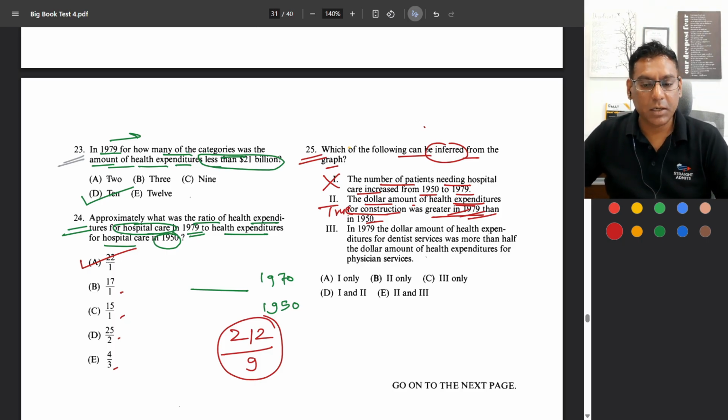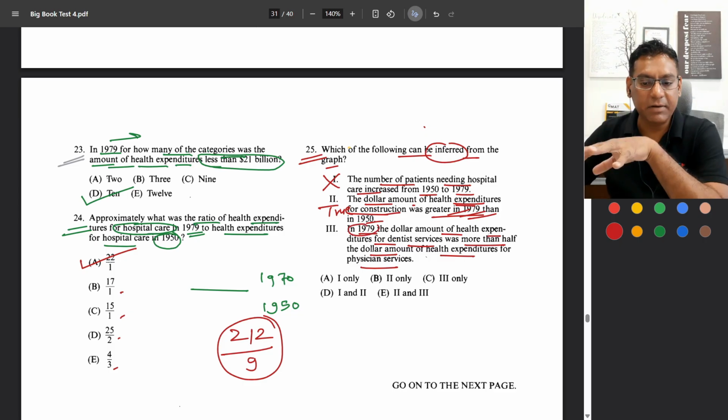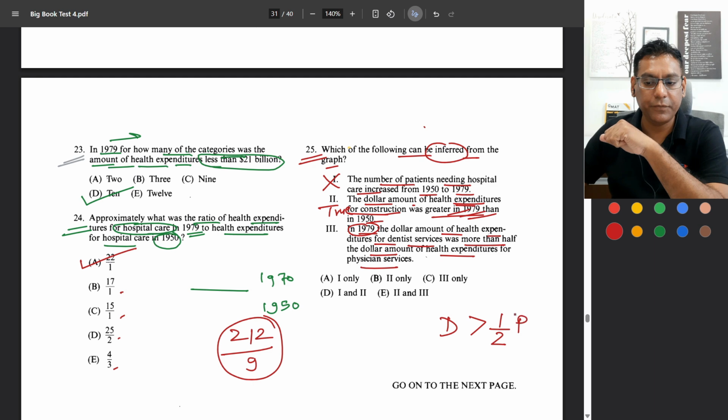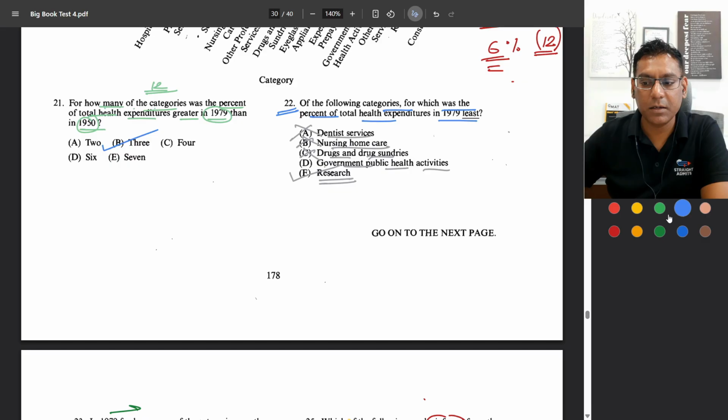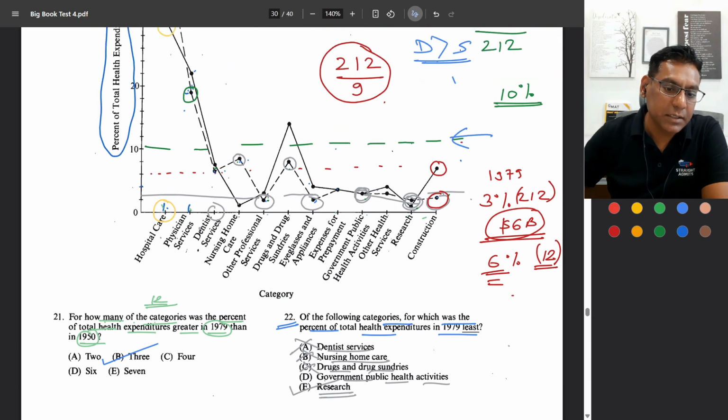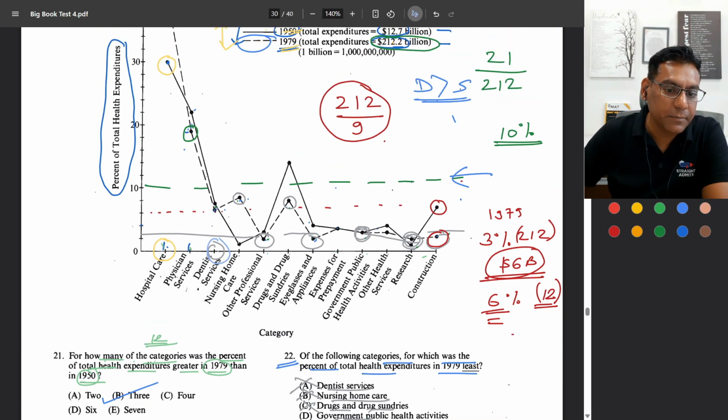Okay, statement 3. In 1979, the dollar amount of health expenditure for dentist services was more than half the dollar amount for health expenditure for physician services. So in 1979, is dentist greater than half of physician? Dentist in 1979, that is this dotted line, is more like 6%.